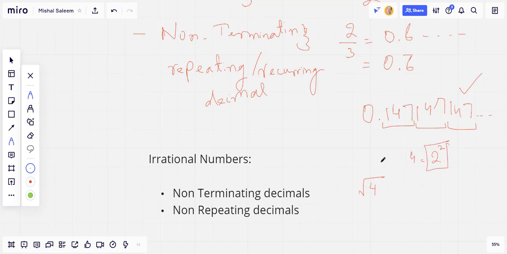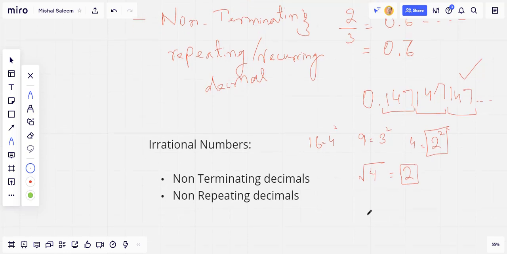Square the 3 and you get 9, so 9 is a perfect square. Just like that, 16: you square 4 and you get 16. When you get a perfect square inside the square root, then it's not irrational, because root 4 is equal to 2, and 2 is a whole number, an integer, a rational number.